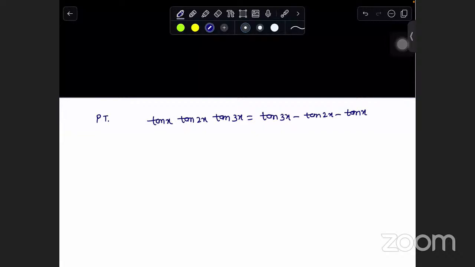If you guys are in class 11, you must have done this question. And this is directly from NCERT. How do we do it?